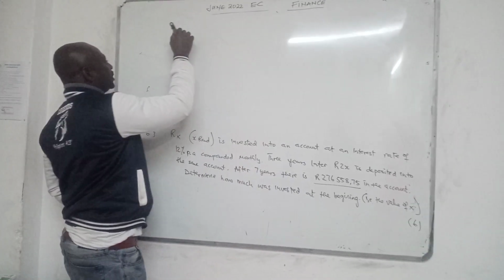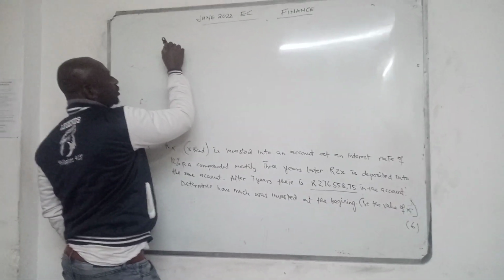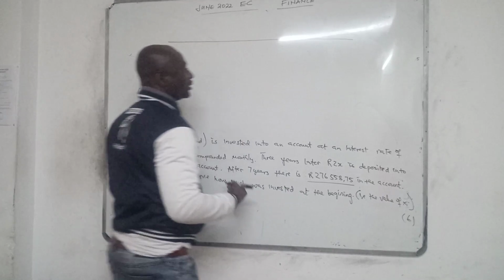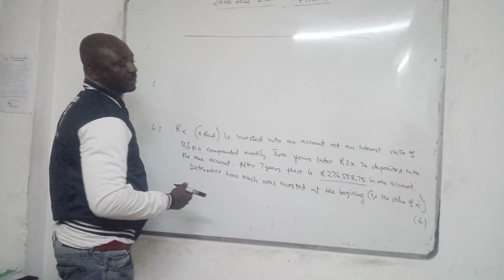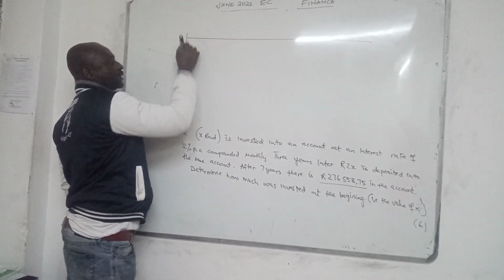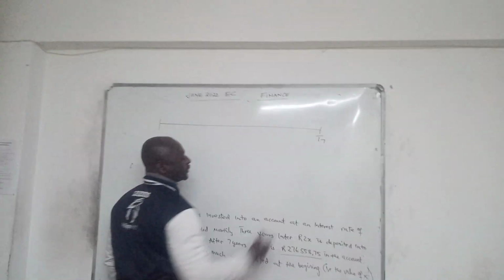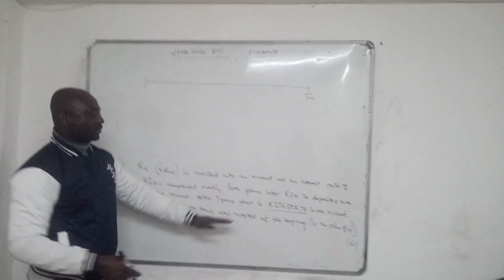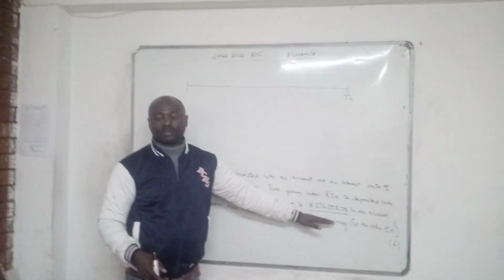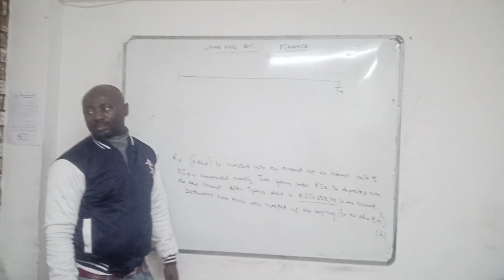So here we can only do this question if we know what we call a timeline. Then we check our investment periods. Let's say here is T7, because this money was gained at the end of the 7 years.